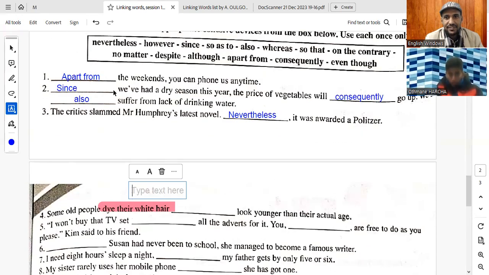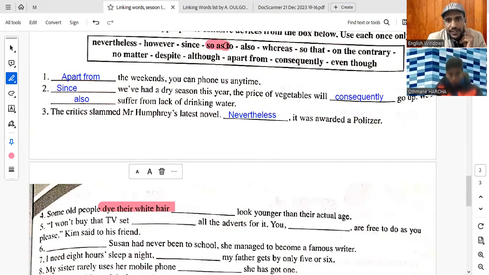Okay, so we need to express a purpose, just to help you. We need a linking word here that expresses purpose, the goal. If we said so that, we would need to say they, so that they will. We would need to add something else to make the structure correct. So we have a linking word of purpose that needs the verb in the infinitive form, which is look, right? Which is here: so as to.